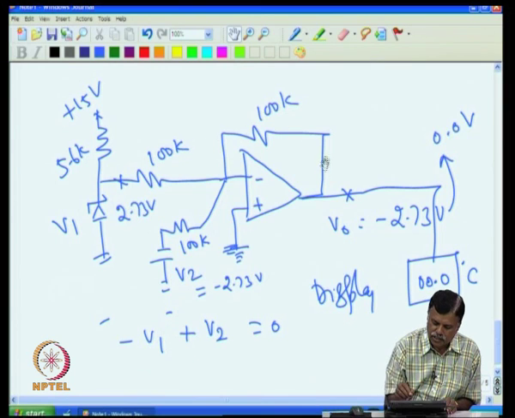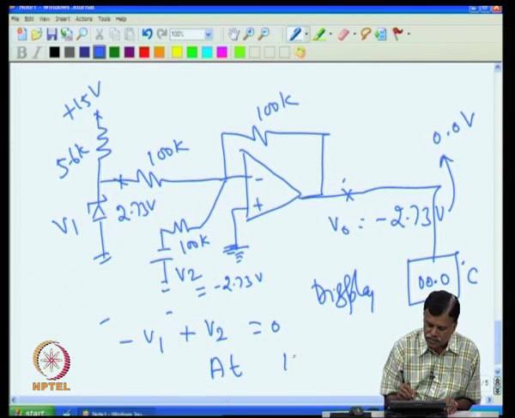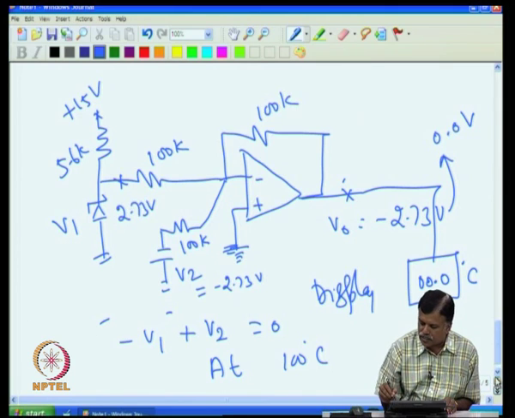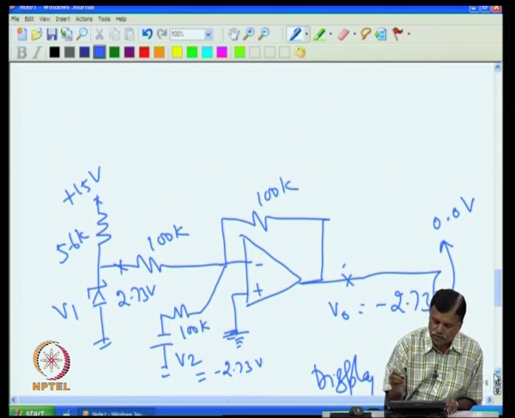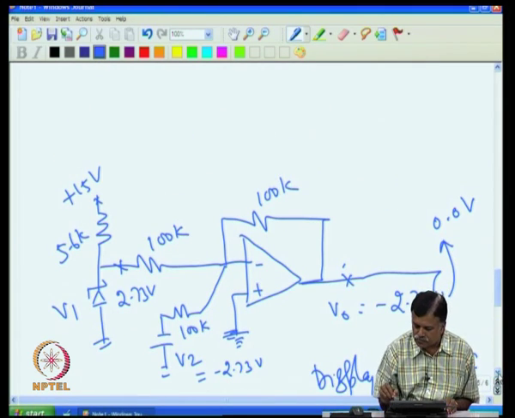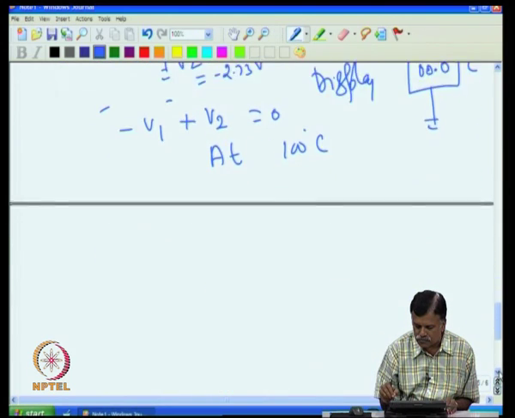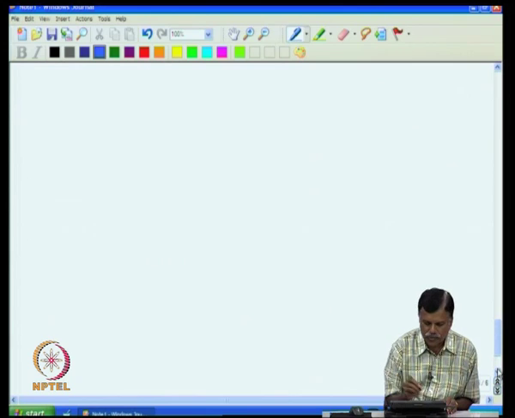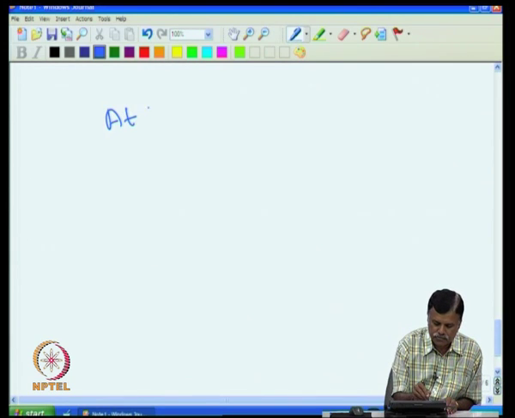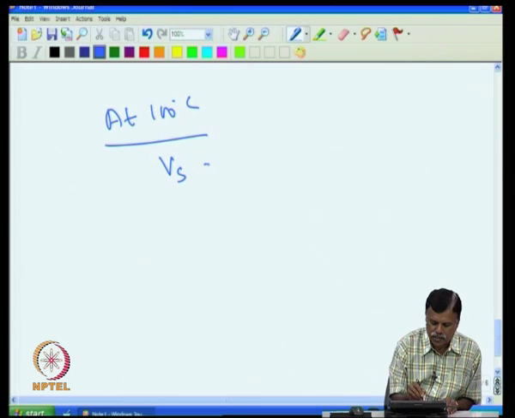That means, if we see the output due to V1, at 100 degree C, then V sensor will be 3.73 volt.